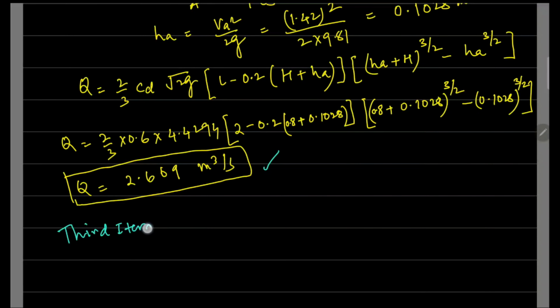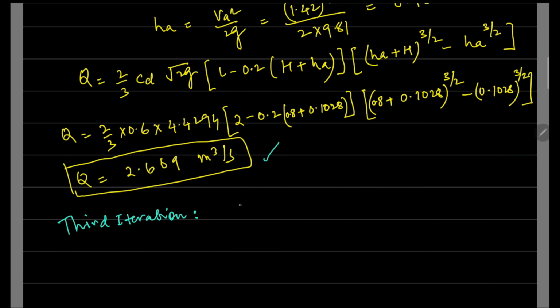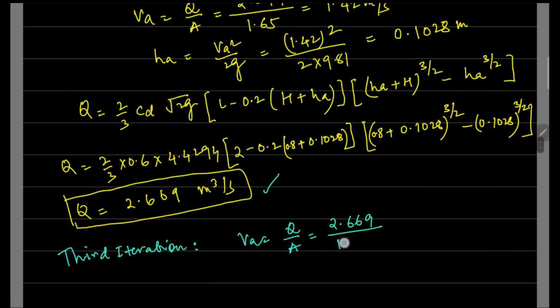So let's do the third iteration. First of all, we will determine the velocity of approach. So VA is equal to Q divided by A. Q is 2.669 divided by A, which is 1.65. So VA is coming out to be 1.617 meter per second.